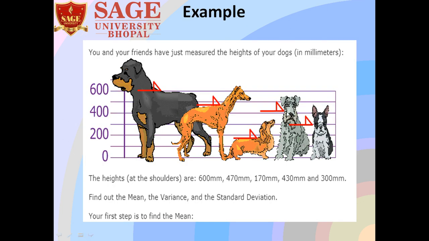For example, say we have these dogs and we measured their heights in millimeters. The heights are given here, respectively. First we have to calculate the mean, then the variance, and then the standard deviation. So first, the mean. Just read out these values.